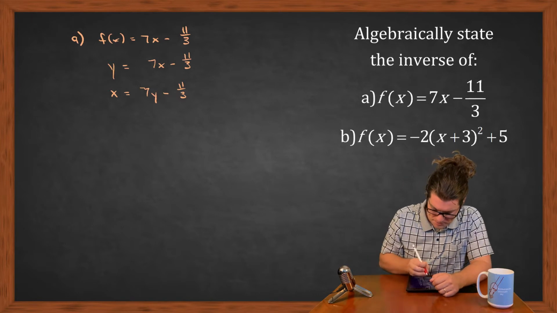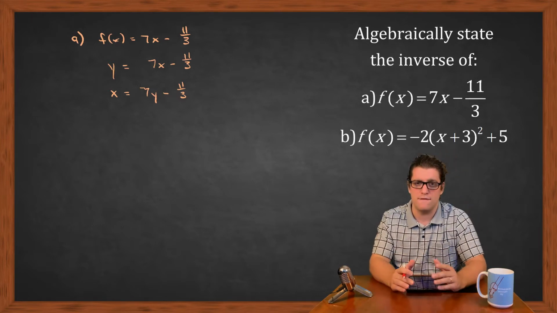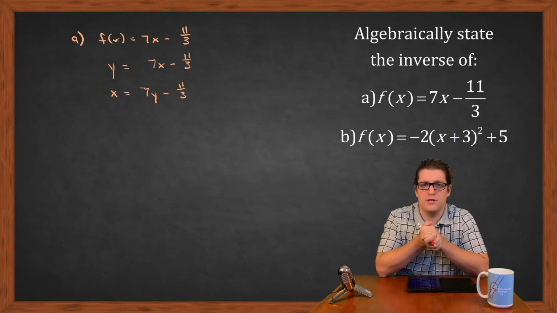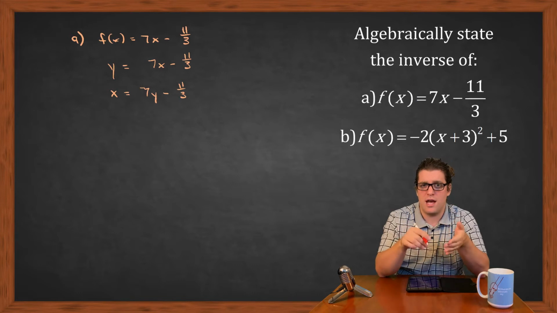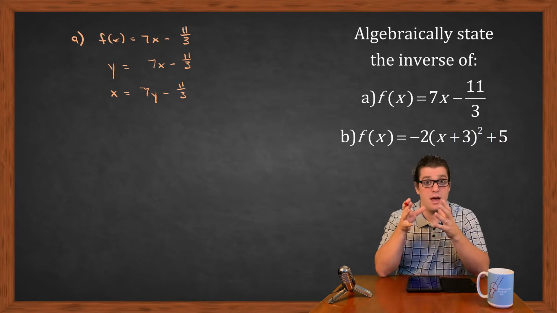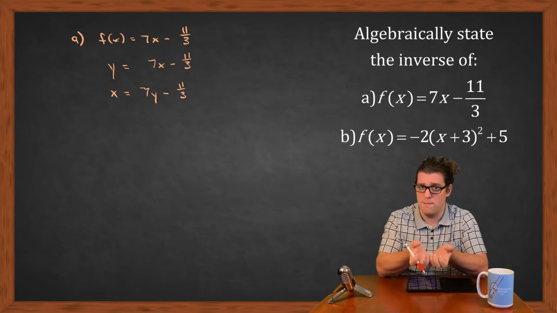So the reason why we switch the x and the y values, if you didn't see the last video, is basically what we want an inverse function to do is where we used to have x's, those are our input values. They created a set of output values. The inverse is supposed to take those output values, the old y values, and turn them into our new inputs.